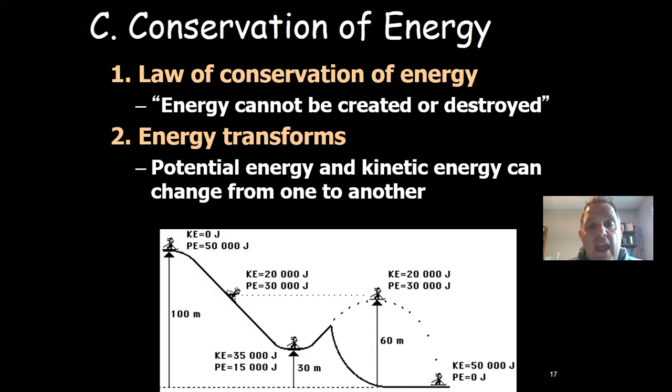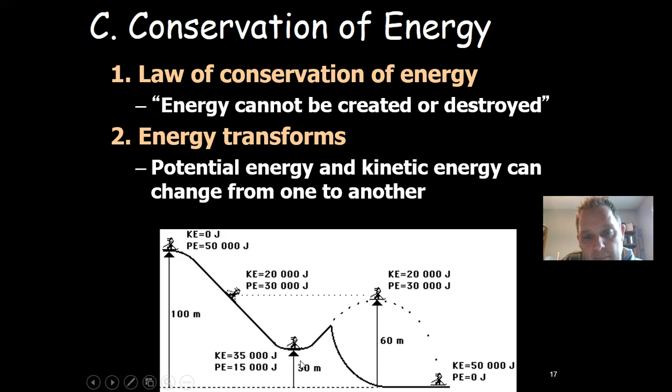50,000 joules. As they go down, notice the kinetic energy goes up and potential energy goes down, because potential energy, remember, is based on height. But a key thing to remember here is 20 plus 30,000 still equals our total of 50,000.